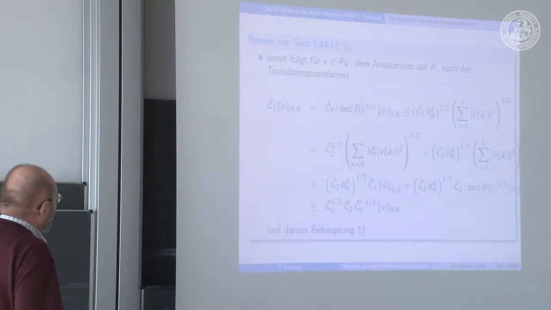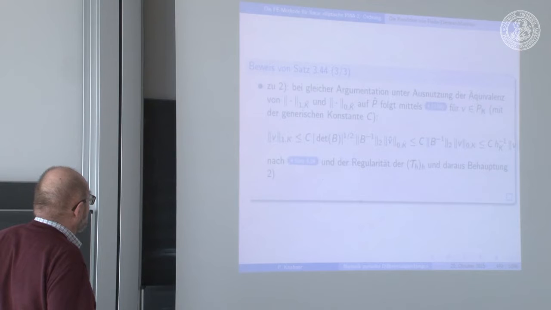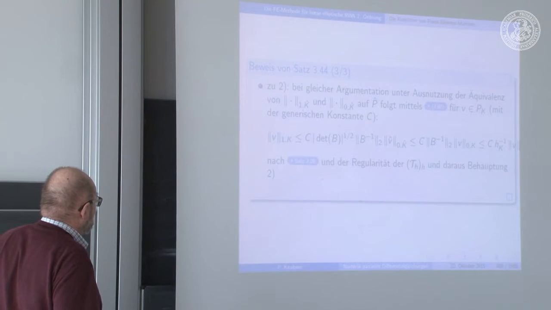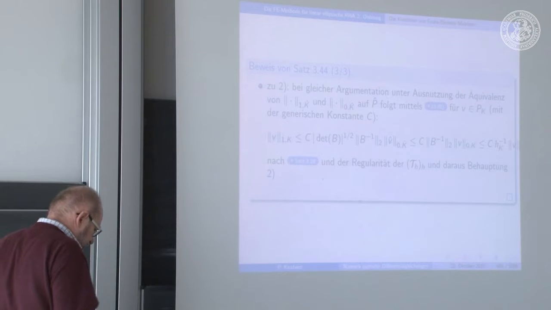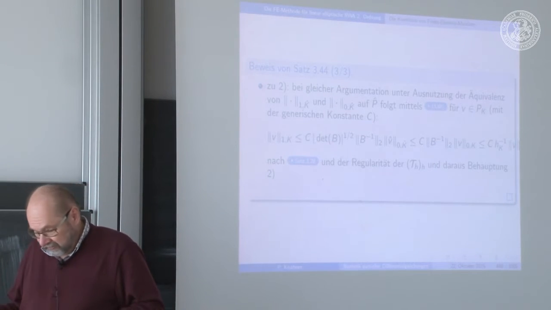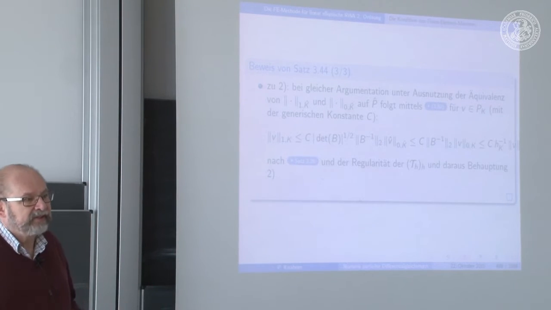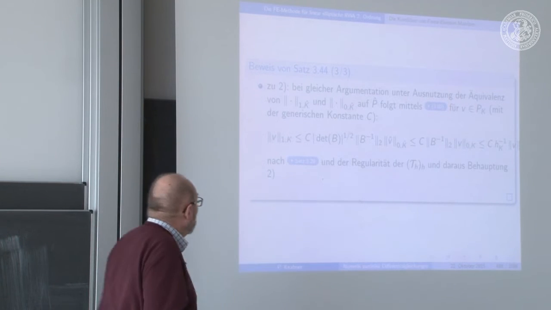The proof was quite as we are used to do them. We are dealing with integrals. We subdivide the integrals into integrals over the elements, transform the elements to the reference element, and so on. Somewhere we use Bramble-Hilbert or something like that.